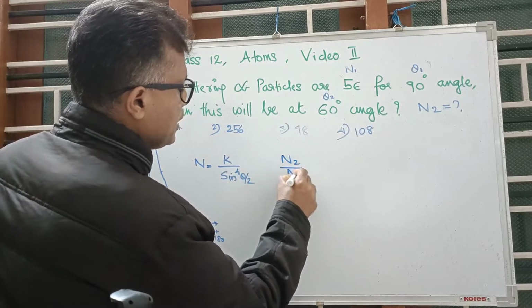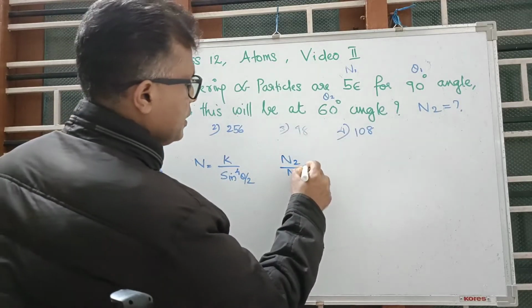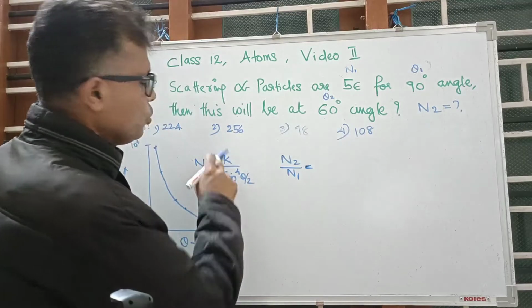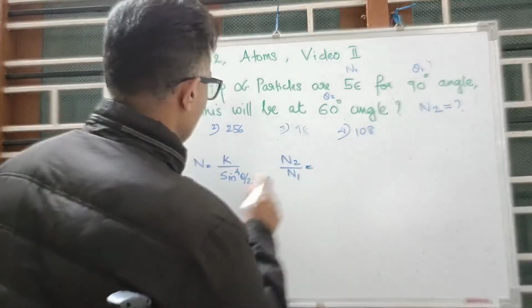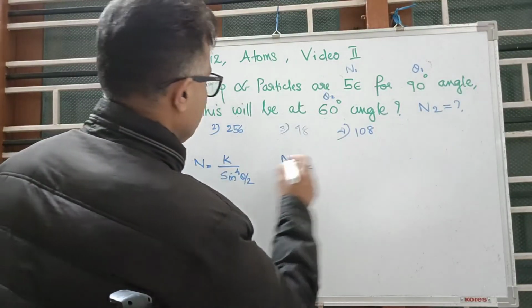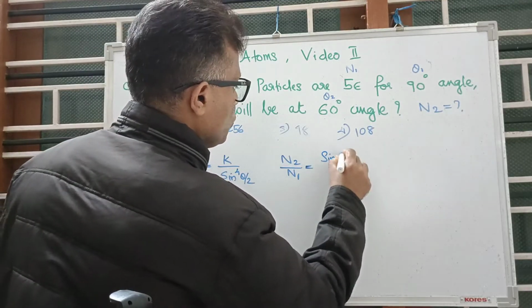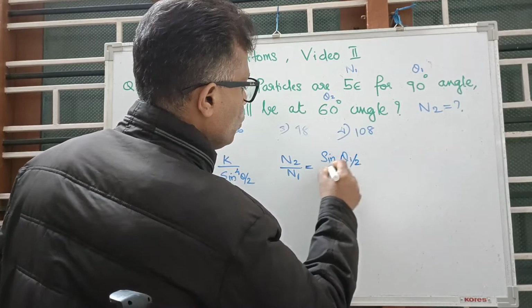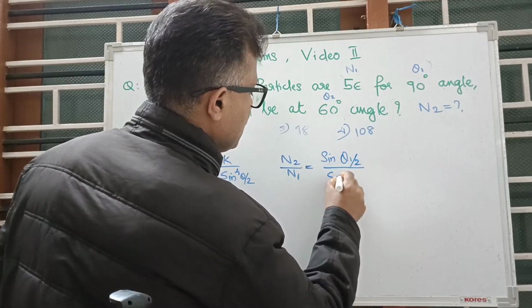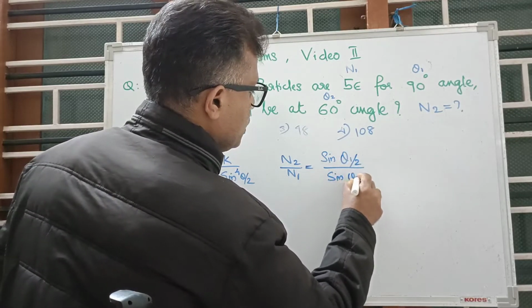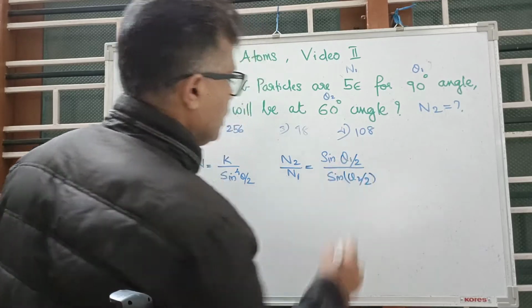N2 by N1 is equal to K over sine raised to 4 theta 2 by 2, divided by K over sine raised to 4 theta 1 by 2. Both the K's will get cancelled. So N2 by N1 is sine raised to 4 theta 1 by 2 divided by sine raised to 4 theta 2 by 2. Clear, no?